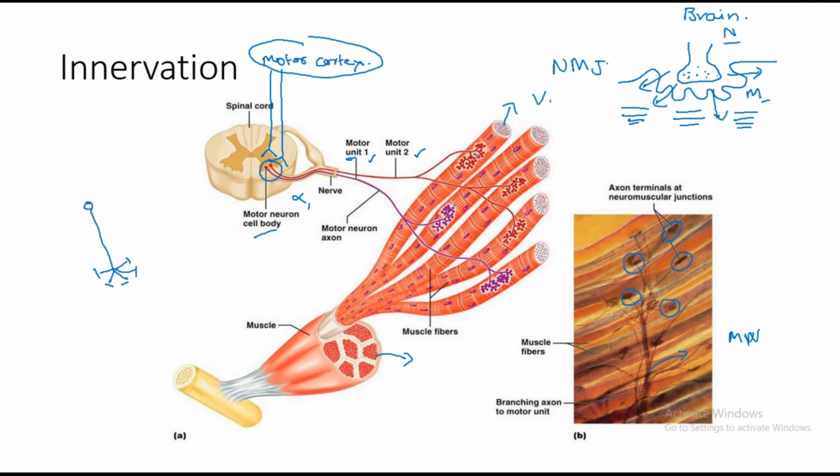The communication descends via the corticospinal tract to the alpha motor neuron, to the motor unit, to the muscle fiber, and contraction is possible through communication from the neuron to the muscle only through the neuromuscular junction, NMJ, from where the electrical communication is transferred to the muscles for the contractile process.